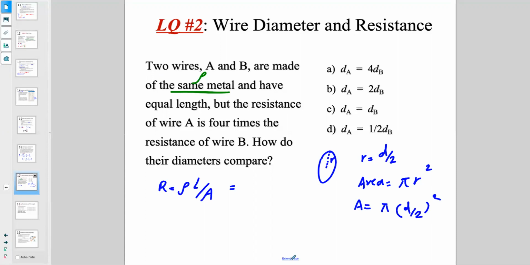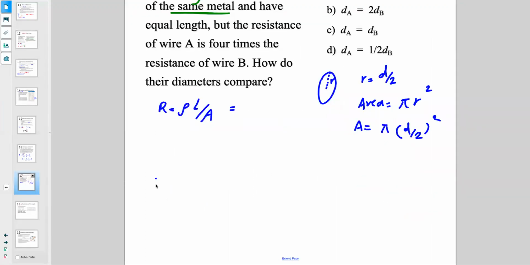So if you want to compare, R is rho L over, for A, pi (D over 2) to the power of 2. So you'll have D squared over 4, and I can bring that 4 up. In other words, you have 4 rho L over pi D squared.